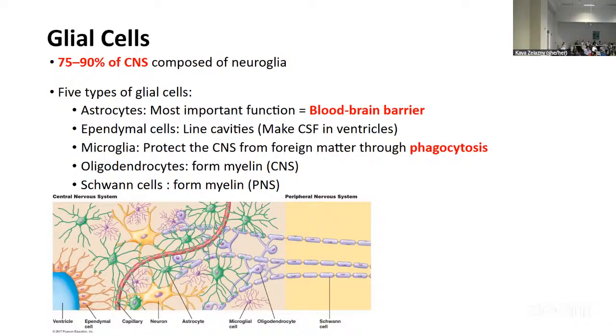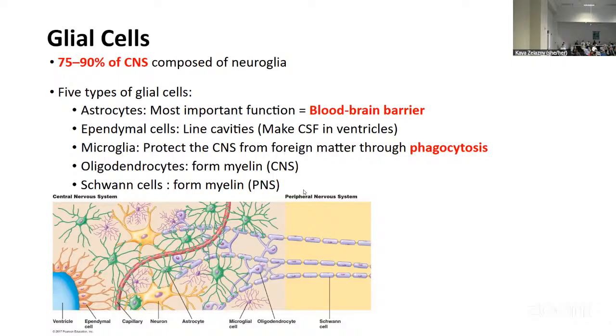They require a lot of support. And actually about 75 to 90% of your central nervous system are these support cells, the neuroglia. I've tried to condense them down into some bite-sized little functions so that we get some just general familiarity with these terms, but they do a lot more complicated stuff than this.